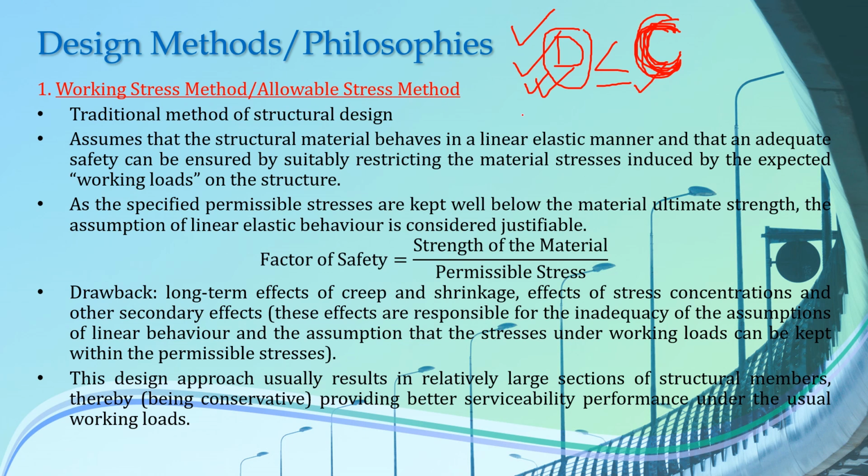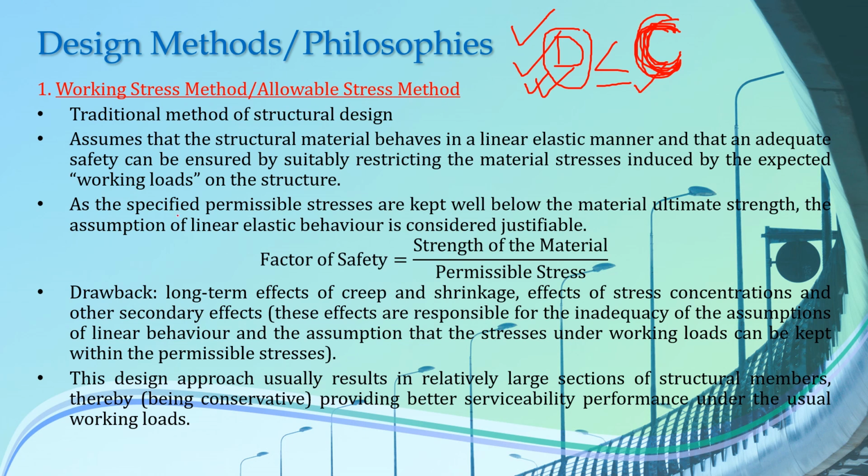That means the stresses induced on this material are always ensured to be less than the capacity of that material. We want to keep the stresses within a permissible limit, and that permissible limit of stress is always less than the material capacity.